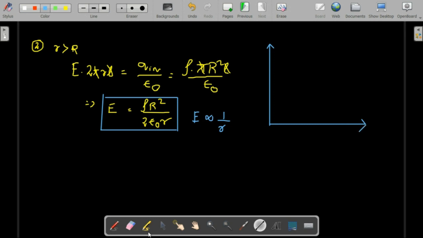We do have the cylinder, or maybe I'll draw a broader cylinder.